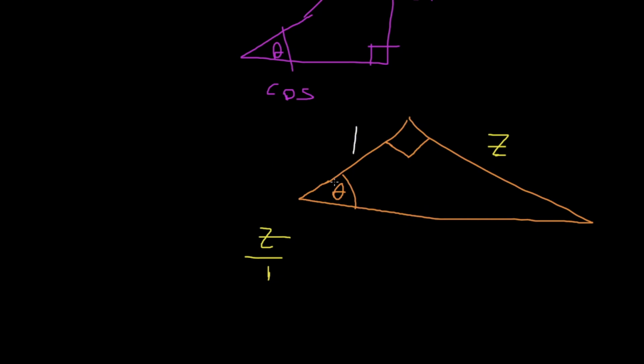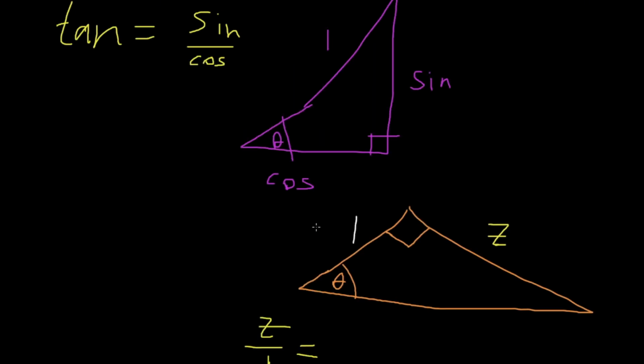If we compare it to the angle. That's the opposite side, and that's the adjacent side, right? Opposite over adjacent. That's why tangent is equal to opposite over adjacent. But what is opposite over adjacent over here? Well, this is the opposite, and that's the adjacent. And that is sine over cosine right here. So that's actually why tangent is known as sine over cosine.